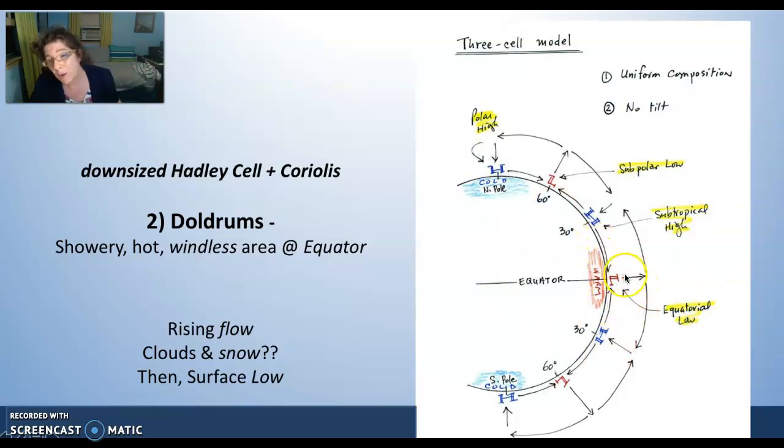You have low pressures from the northern hemisphere of the equator. There's really no horizontal differential there that would produce any wind. It's a windless area. It does tend to get showery because you have a lot of clouds rising up in this area with the surface low. So this model explained the doldrums really well.